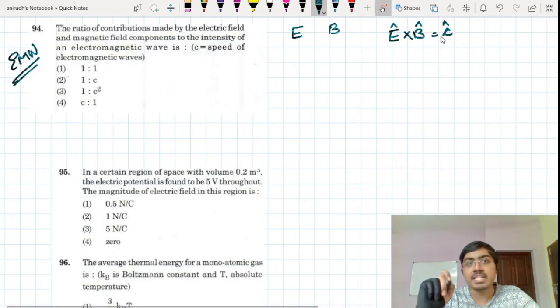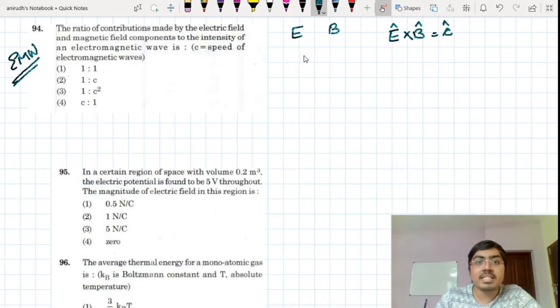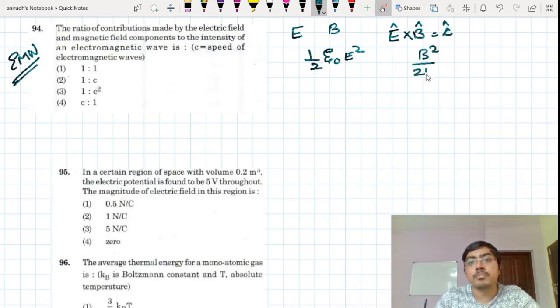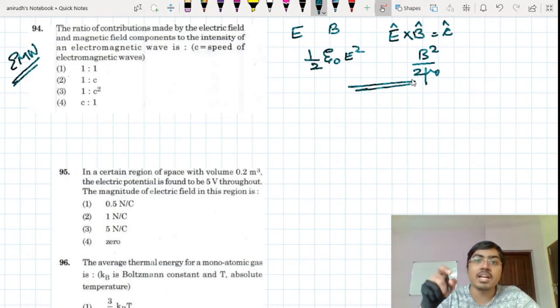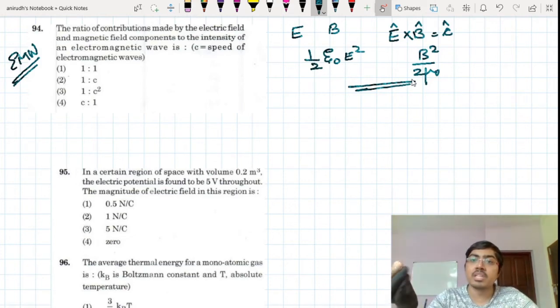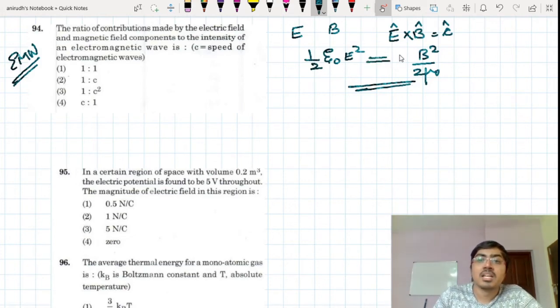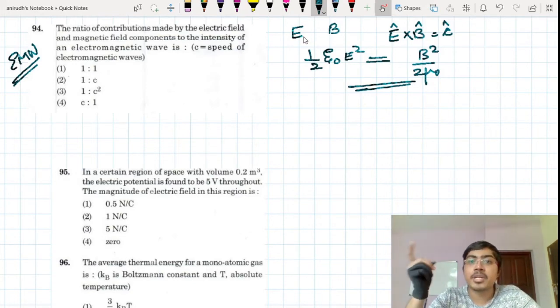So the point is that the energy density of the electric field, if you remember, was half epsilon naught E square, and that for the magnetic field will be B square by 2 mu naught. So this is the equation. Now what we did is we plug in the value of electric field and magnetic field over there. That oscillating wave equation will be plugged in, and then you try to prove that both these things are equal. Now energy density is equal, so intensity should also be equal because it is energy per unit area per unit time.